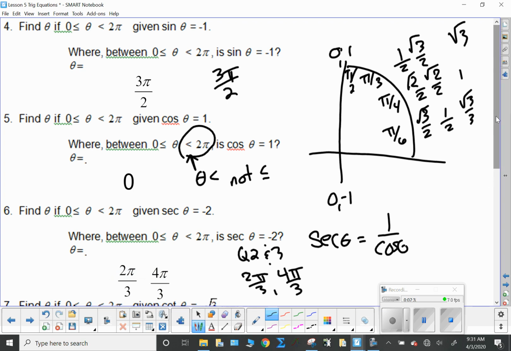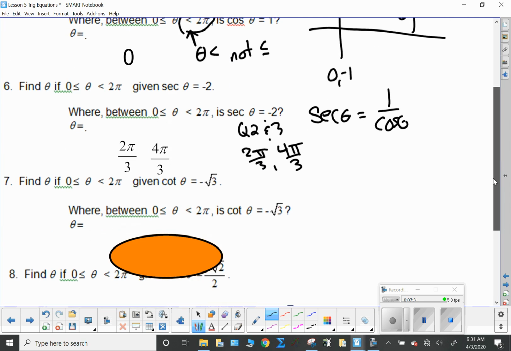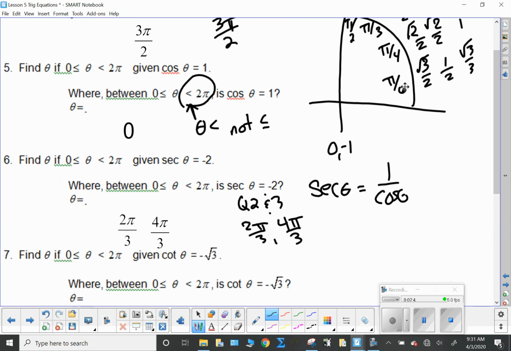Notice everything comes down to which quadrant you're in and which family it is. Okay. Cotangent is -√3. So that's going to be the pi/6 family, because I got to flip this upside down. And where is tangent negative? In quadrants 2 and 4.